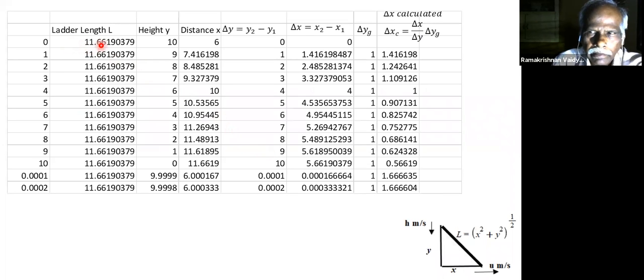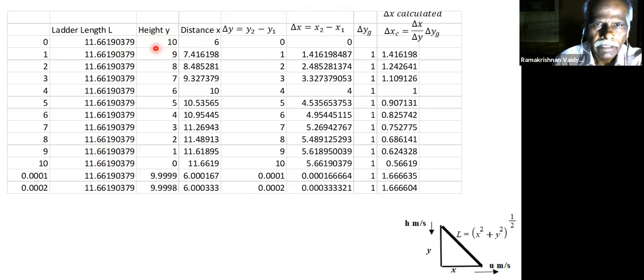So I'm using an Excel sheet here and I'm giving the change in y as 0 to 10 because when the change is 10, y becomes 0 and x becomes 11.661. So I am finding out the lateral length using the y and 6 given and retaining the same thing so that I get the accuracy. Right? So once I change this height from 10 to 1, because they have given 1 meter per second, the height becomes 9 meters.